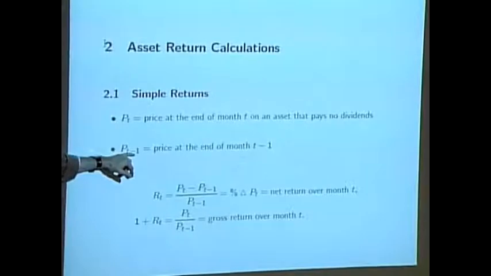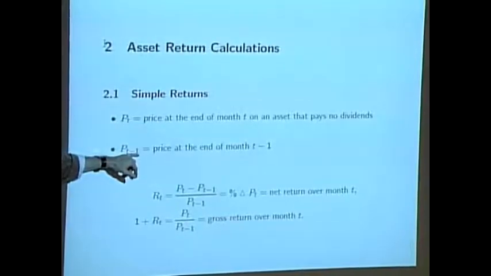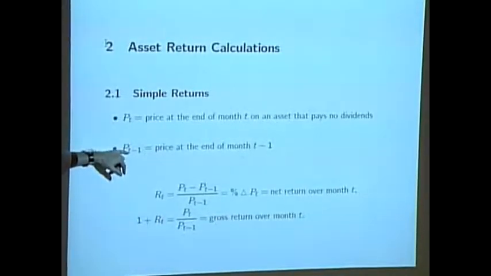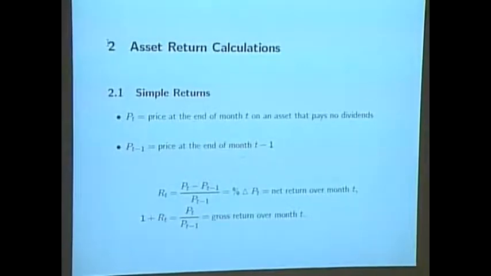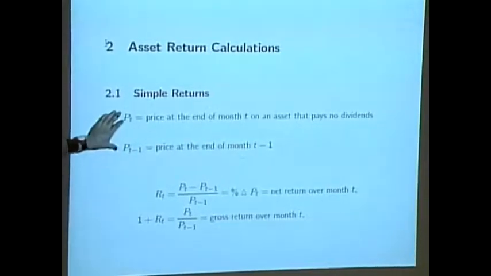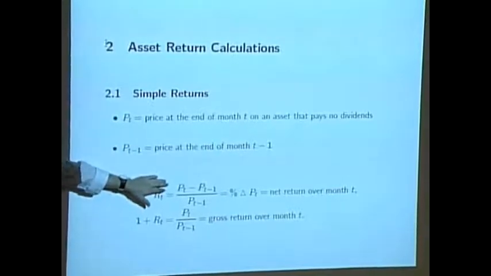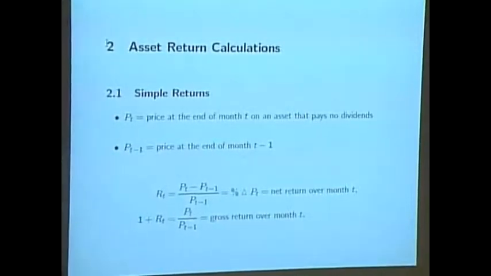P of T minus 1 is the price at the end of month T minus 1. Okay, so this is the price at March 35th. This is the price on February 29th. Okay. Then, so my holding period is 1 month, and so the monthly rate of return is just the percentage change in price over the 1 month holding period.